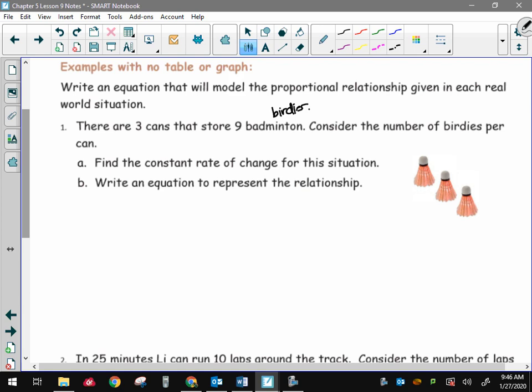Read the words. What does it say? Birdies per can. The question tells you what is the independent and the dependent.